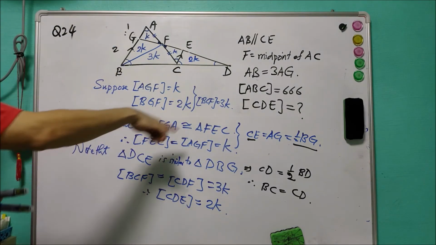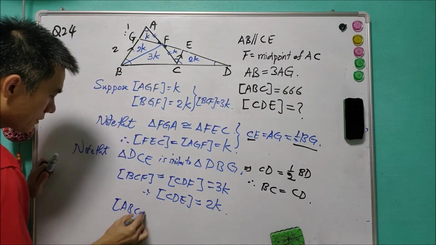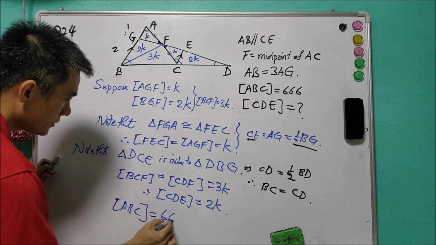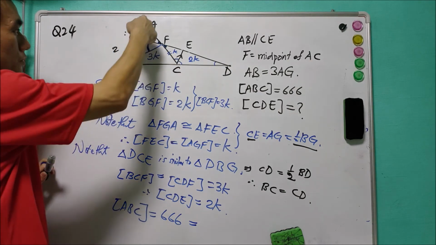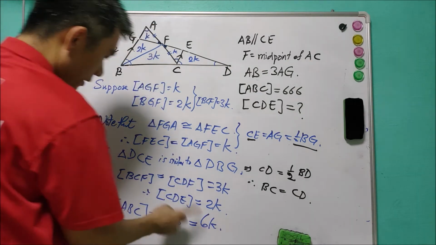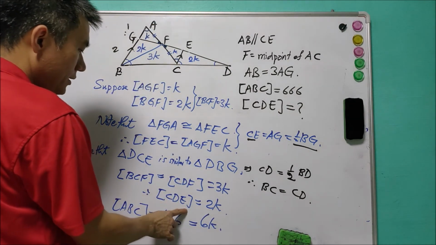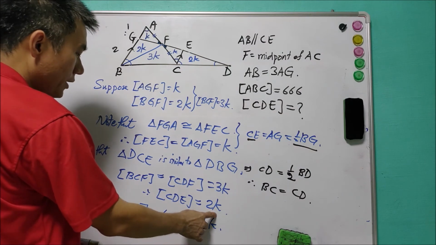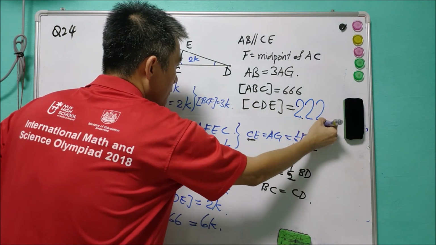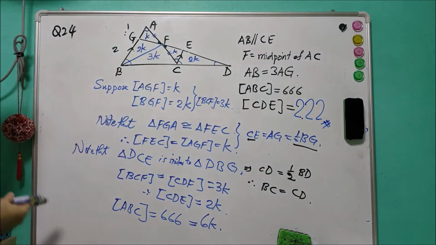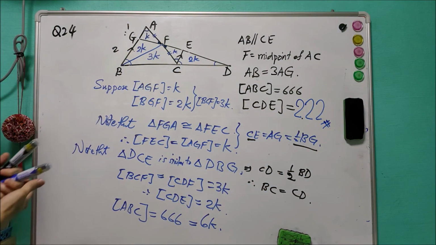Now we go back to the given condition that the area of triangle ABC equals 666, but it is also equal to 6K. And therefore, the triangle CDE, with area 2K, will be equal to 222. And 222 is the answer for question 24.